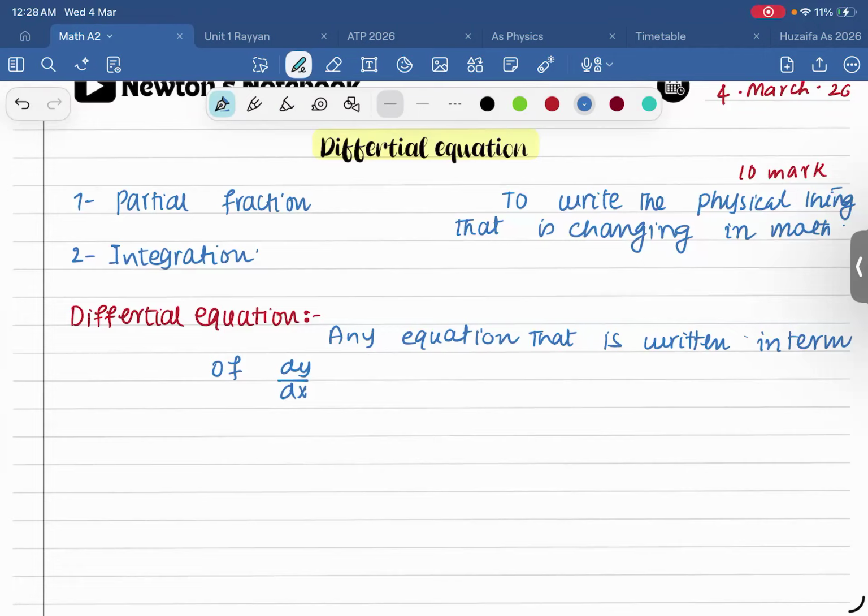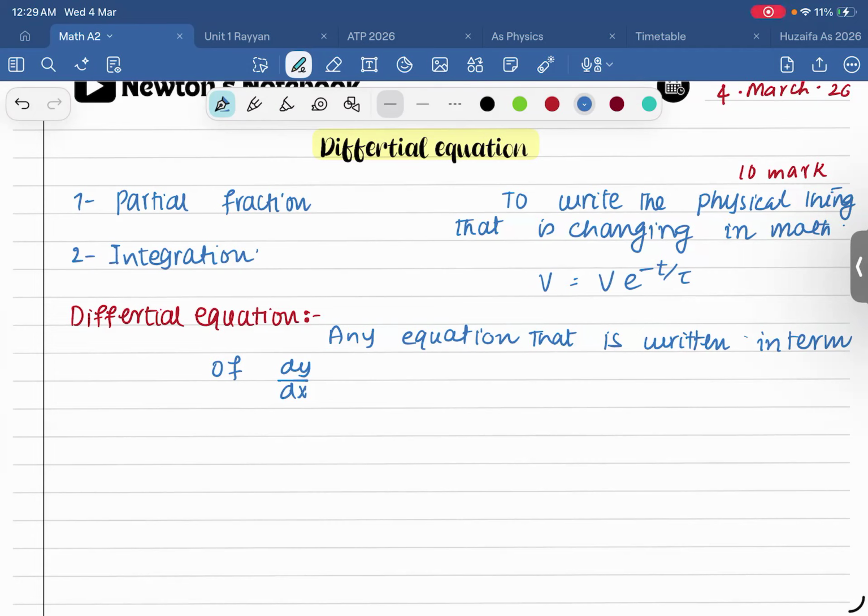Like if you remember the charging and discharging of the capacitor, the equation that we use is basically a differential equation, and when you solve it, you end up getting the equation C equals C naught e power minus t upon tau, or you can take Q or V. So V equals V naught e power minus t upon tau.